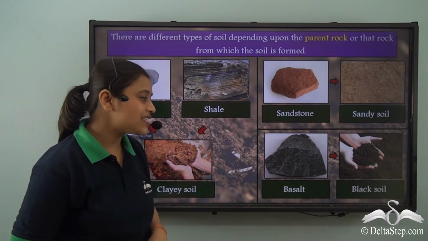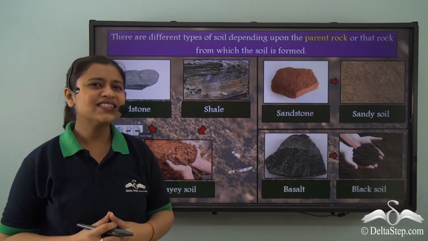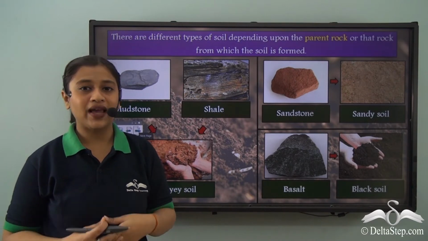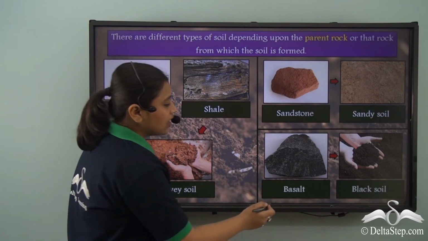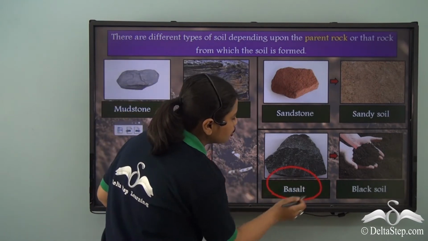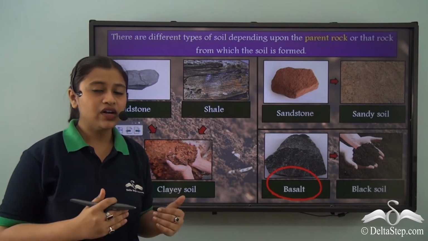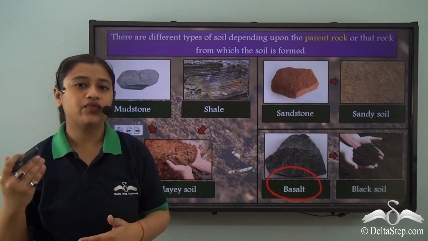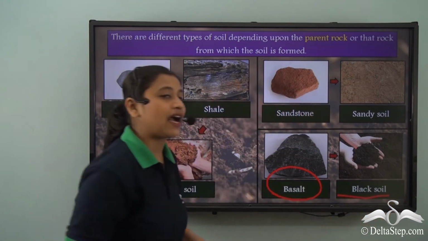Another very interesting example is that of black soil. Yes, isn't the name very interesting? Black soil too has been formed after the weathering and erosion of the parent rock basalt. Therefore, basalt, after going through weathering and erosion, has led to the formation of black soil.